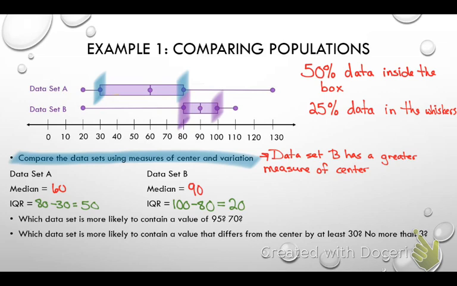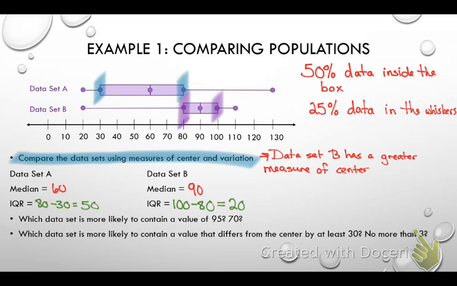Okay, so now I need to compare the variation of both data sets. Basically, what does that mean? By what quantity is the information varying outside of the measure of center, or the median, okay? So which one has the greater variability? Yes, it's A, okay?